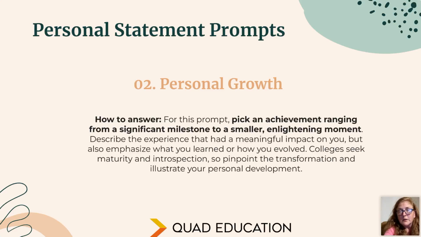In this prompt, the schools are going to be looking to see some maturity on your part, some thoughtful reflection. And so you really want to bring the reader along, is one of the guidelines that we give here at Quad, rather than telling them about the experience so that your narration feels kind of distant. You want to really involve your reader, and we can give you tips and tricks for how you do that as you're structuring your narrative.